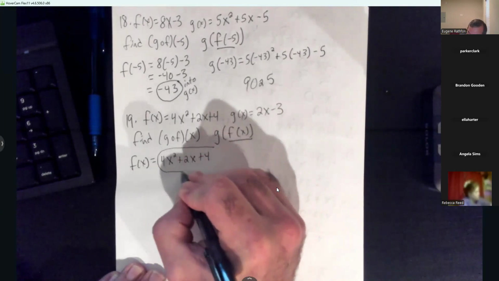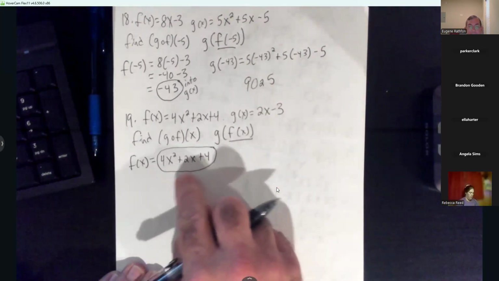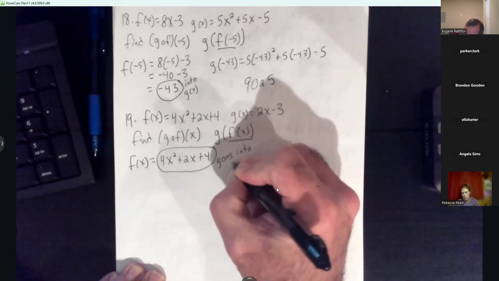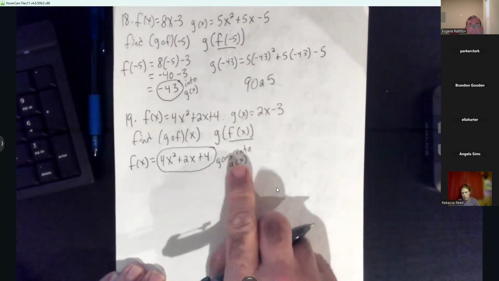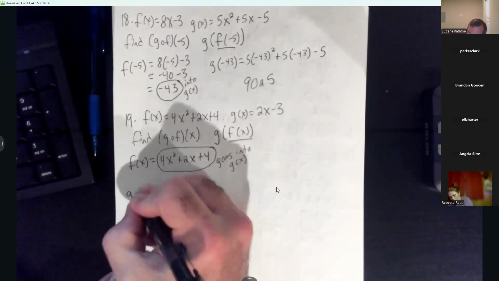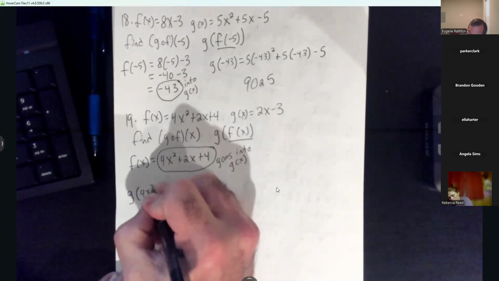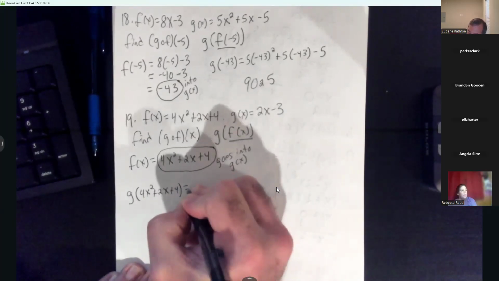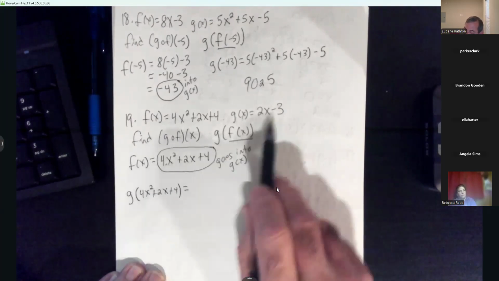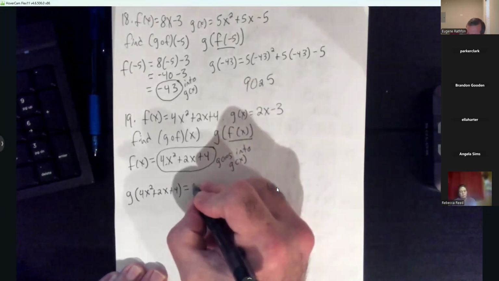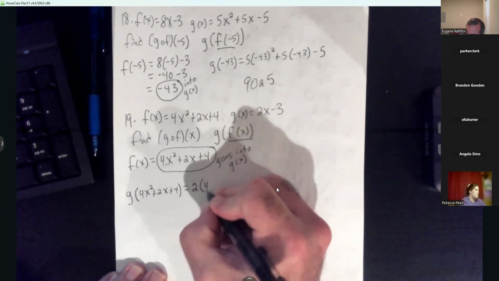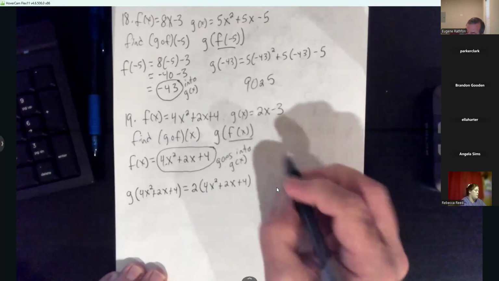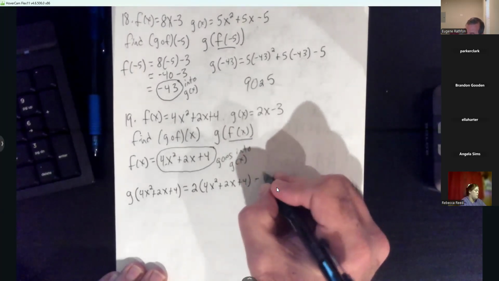So this whole thing here, the entire function goes into the g. So that means we're finding g of 4x squared plus 2x plus 4. We're going to put this whole thing in for that x. So I got 2 times 4x squared plus 2x plus 4. And then at the end is a minus 3.